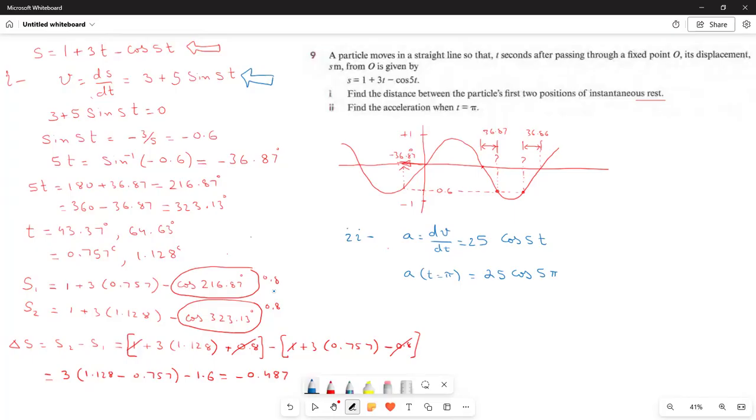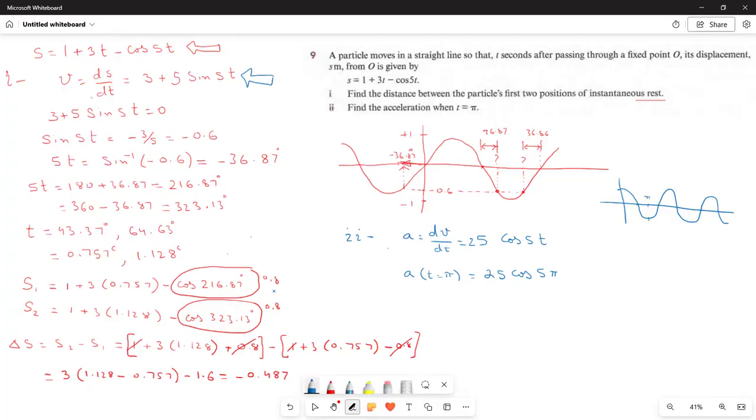If you remember the cosine curve, it starts at 1 and goes down like this. So this is 0, 90, and 180, which is basically pi, right? So at pi, it is minus 1.